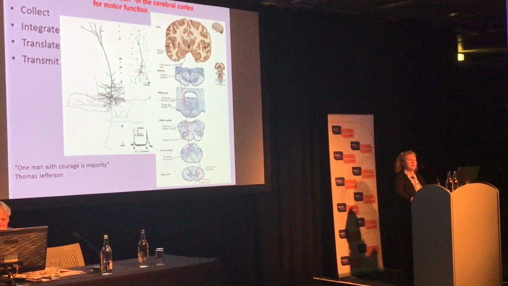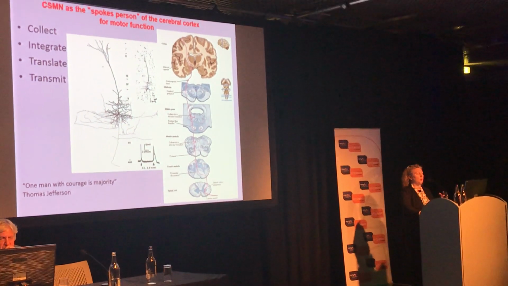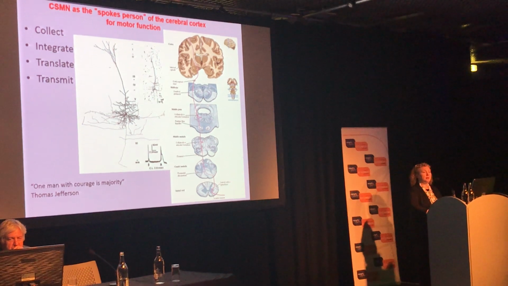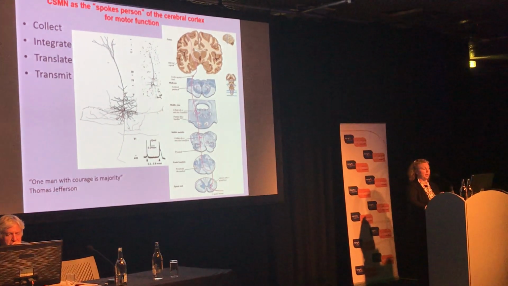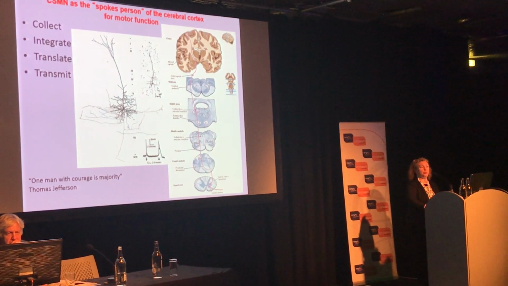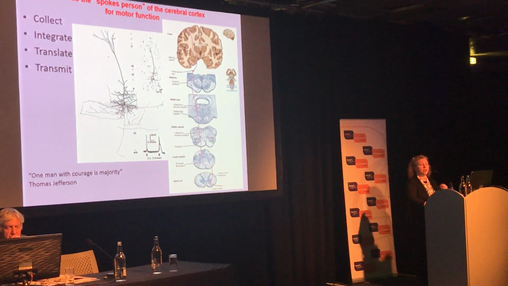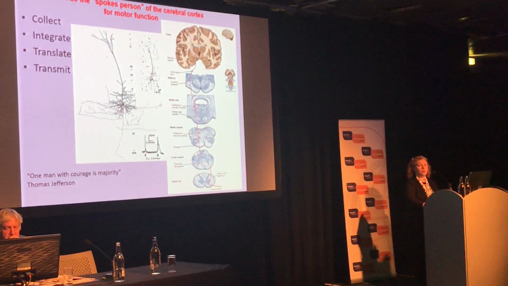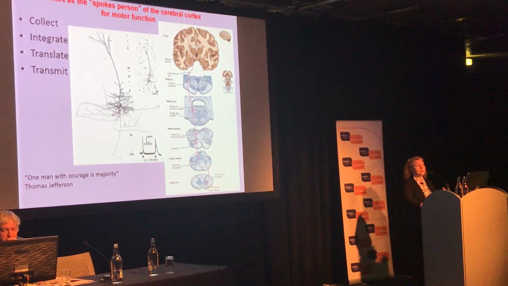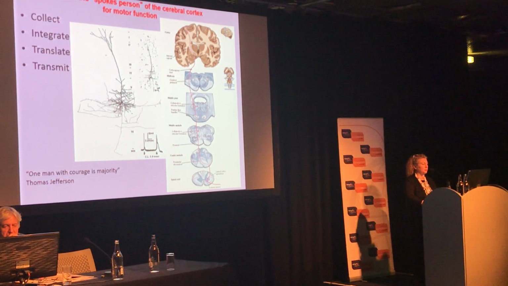We consider them the spokesperson of the cerebral cortex because they have a very unique function of collecting and integrating information from other regions of the brain, then translating that information and transmitting it to spinal cord targets. So they are key players for the initiation and modulation of voluntary movement. In many diseases in which voluntary movement is affected, these neurons progressively degenerate.